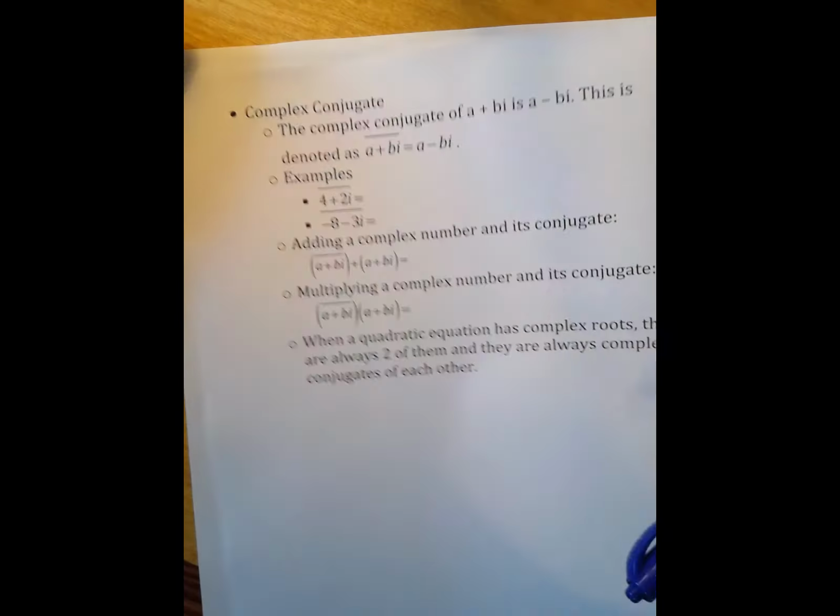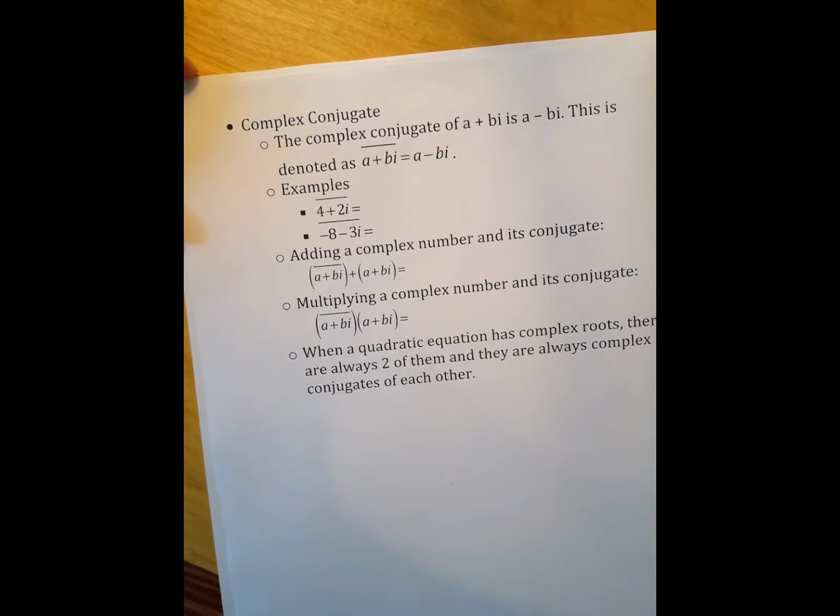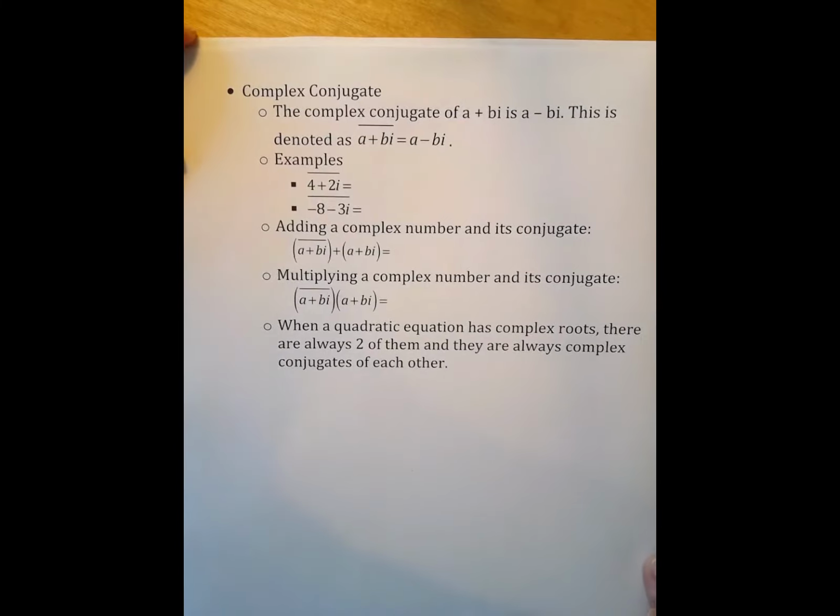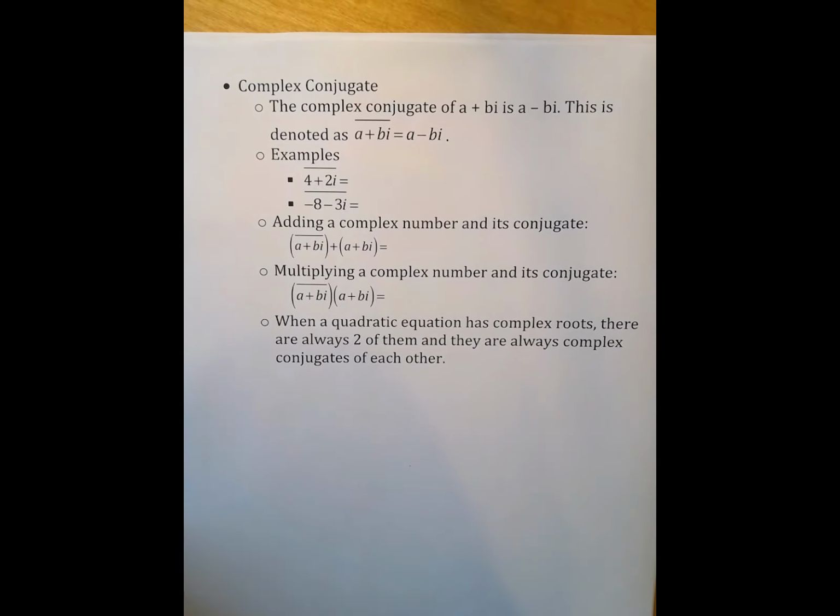The next operation that I can work with when I am working with complex numbers is something called the complex conjugate. And the complex conjugate plays an interesting role when we're looking at the roots of quadratic equations.